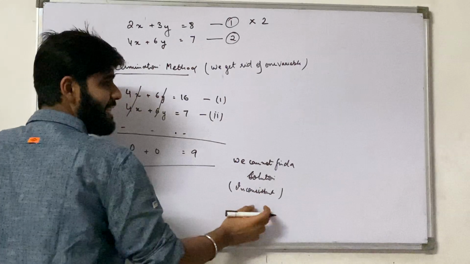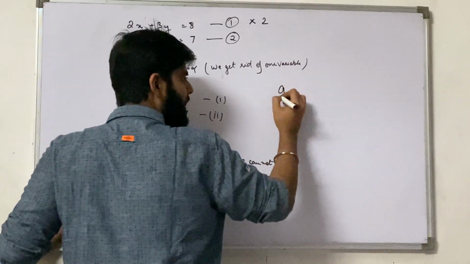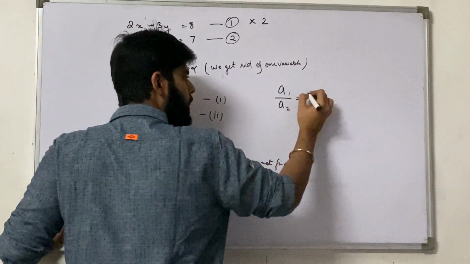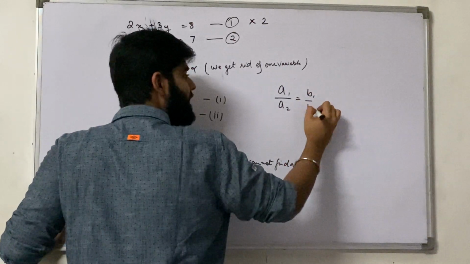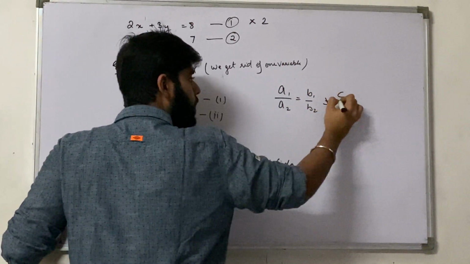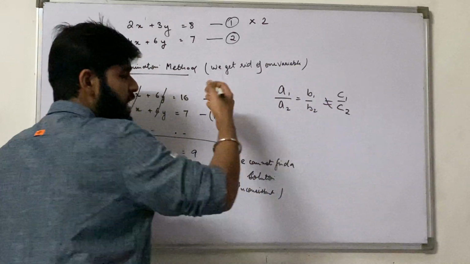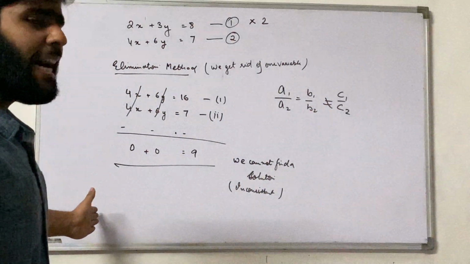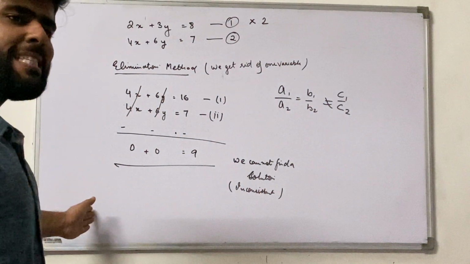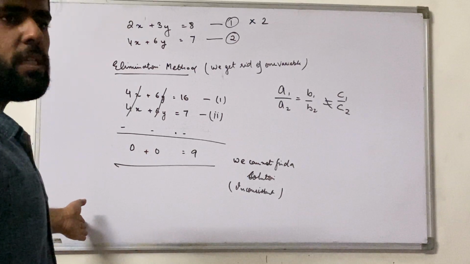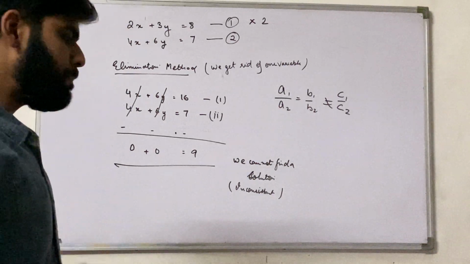When does inconsistency occur? When a1 upon a2 is equal to b1 upon b2 is not equal to c1 upon c2. Just check it out. Yes, these are a pair of parallel lines. That is why we cannot find the solution for this equation.